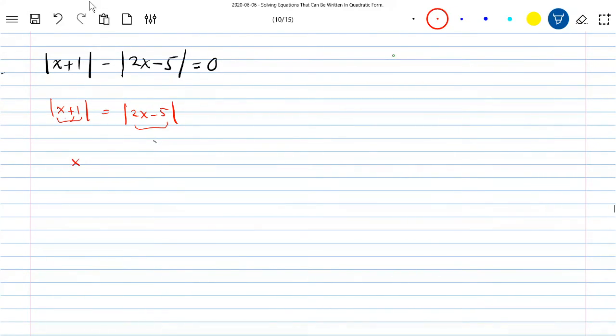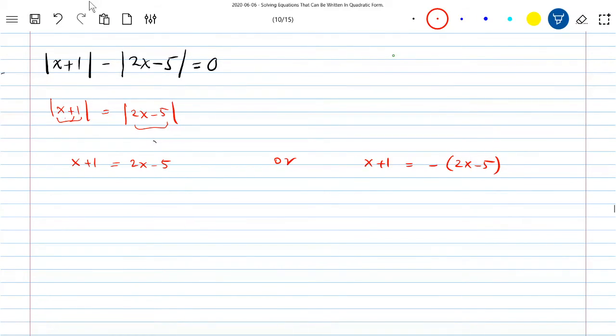Either they're equal to each other exactly, or they're opposite of each other in sign. x plus 1 equals negative (2x minus 5).